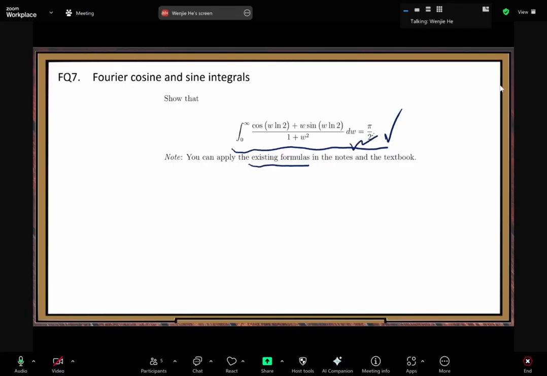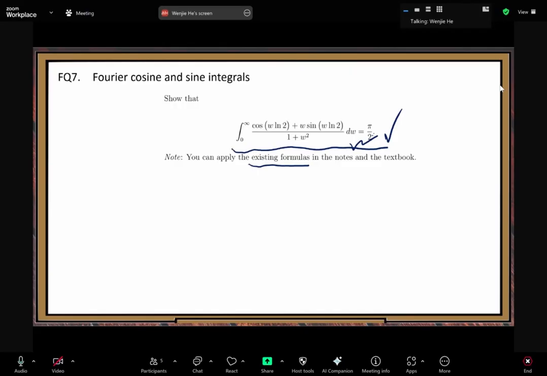Otherwise, too easy, right? If I give you a question like this in the final, it's too easy because you can find the appropriate formula, plug in some numbers, and you're done. I want you to do some reasonable amount of work.